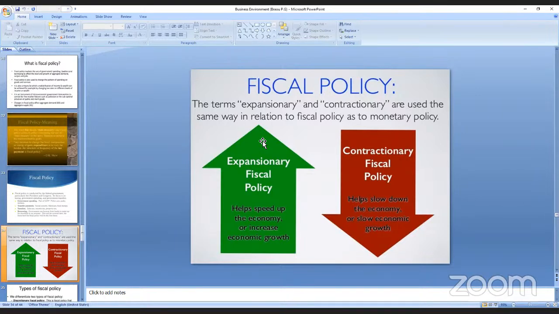And contractionary fiscal policy helps slow down the economy, a slow economic growth.